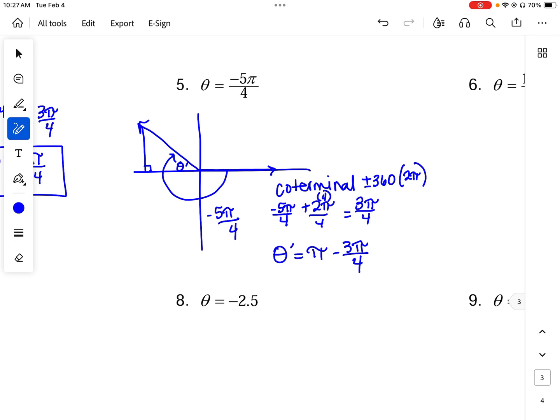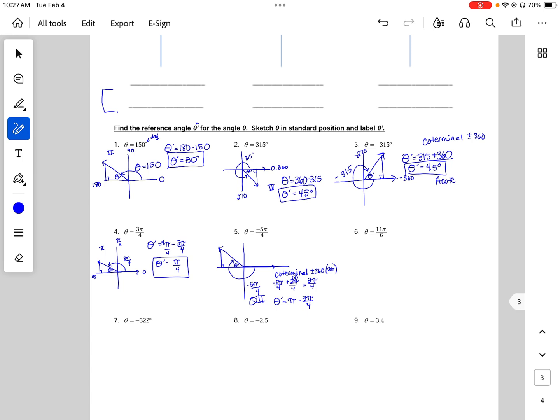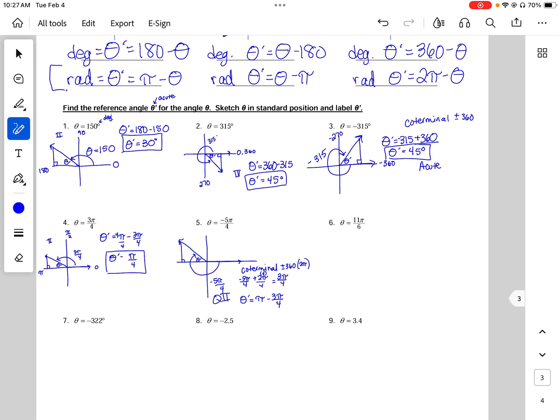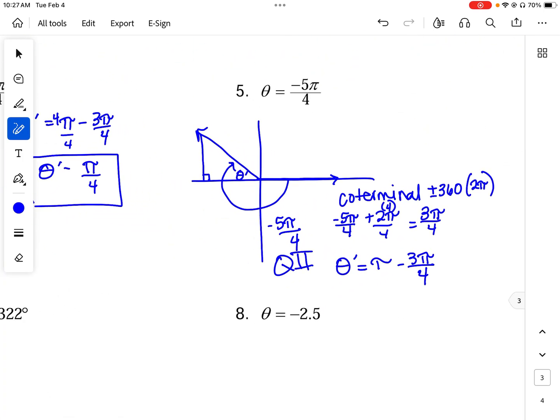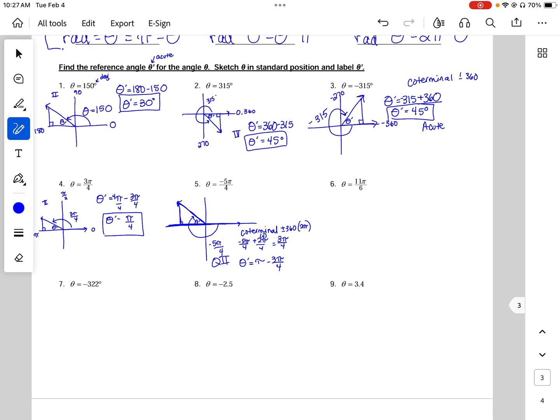Since this would be in quadrant 2, we're going to use the Q2 instructions, which say pi minus theta. Basically, we're ignoring that this is negative altogether and just looking at that and looking at this. Okay, let's go to the next one.